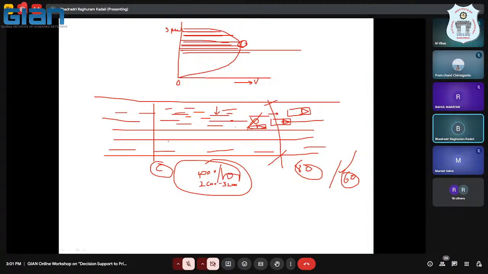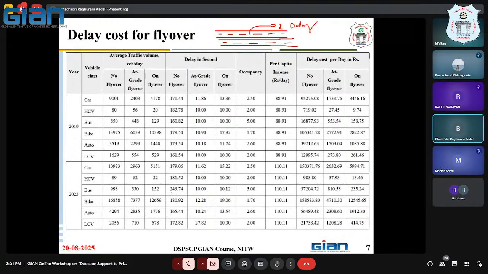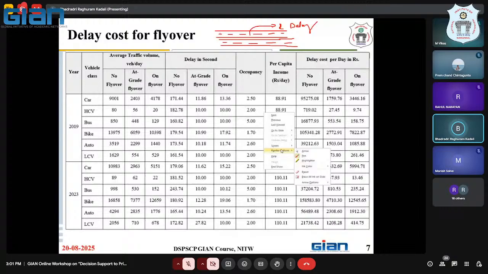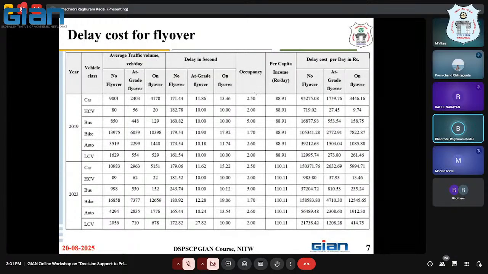Put together, a delay can be expected because all the vehicles are not traveling at the speed we expected, 60 kmph. I hope you got the point now, why we have done the delay estimation.